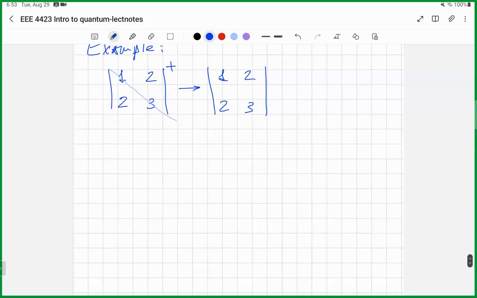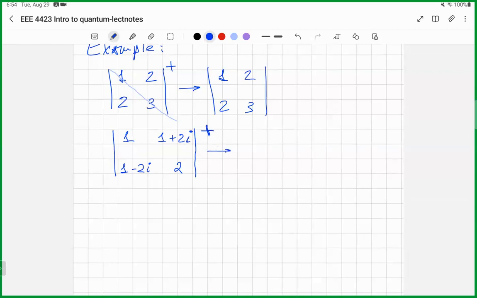Something more nontrivial would be something like 1, then 1 plus 2i, 1 minus 2i, and here 2, for example. Oops, this is a matrix, not a determinant. So let's take the Hermitian conjugation.